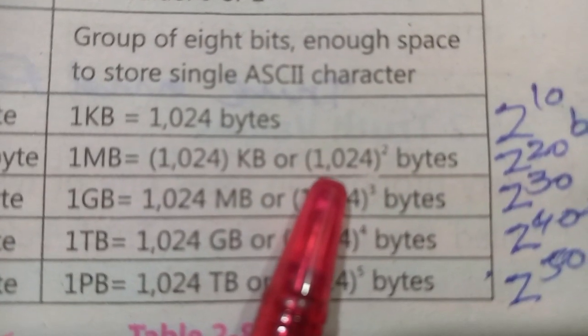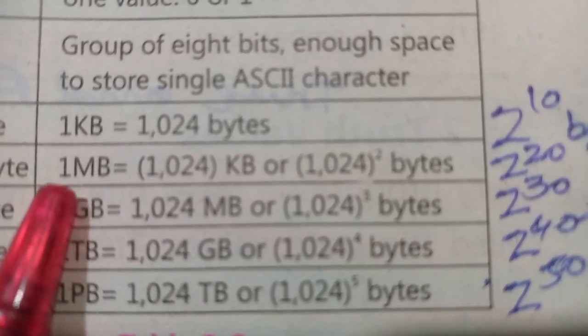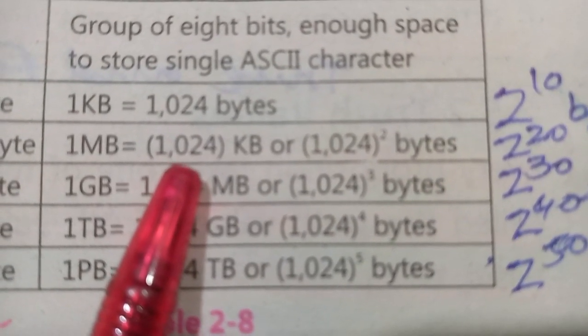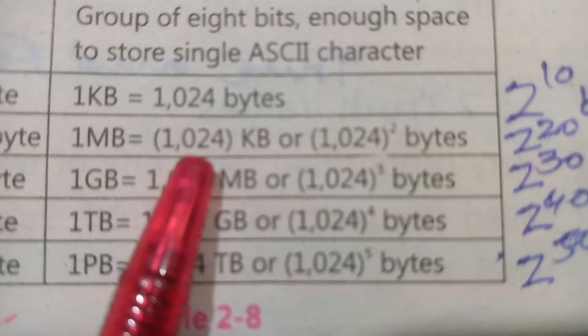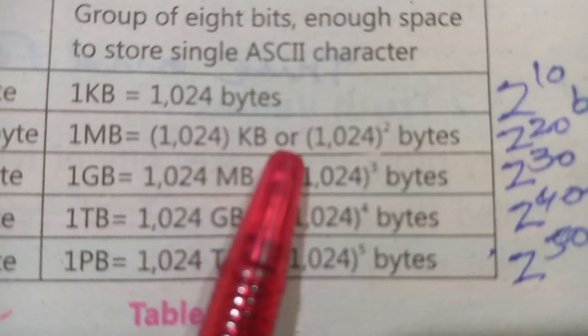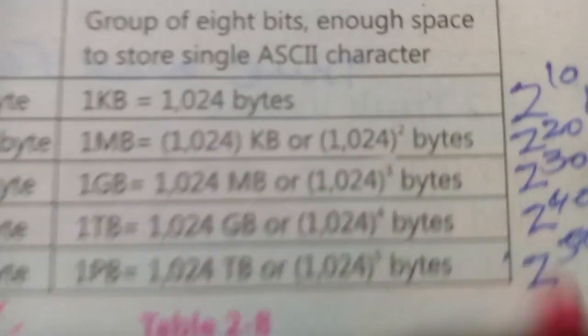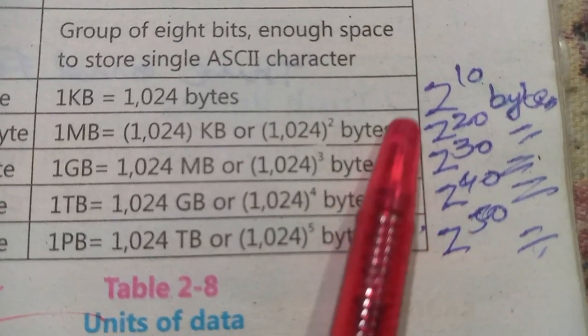Okay, from here you can see that 1 MB, or 1024 KB, equals 1024 raised to power 2 bytes, or 2 raised to power 10 bytes.